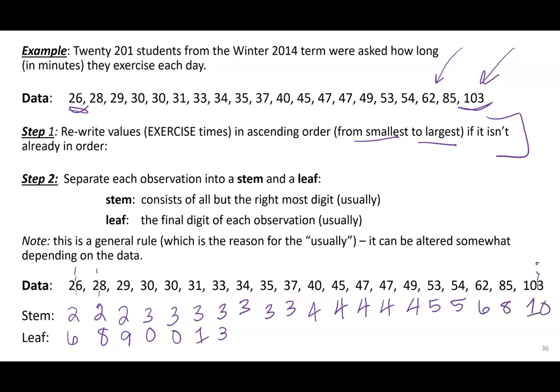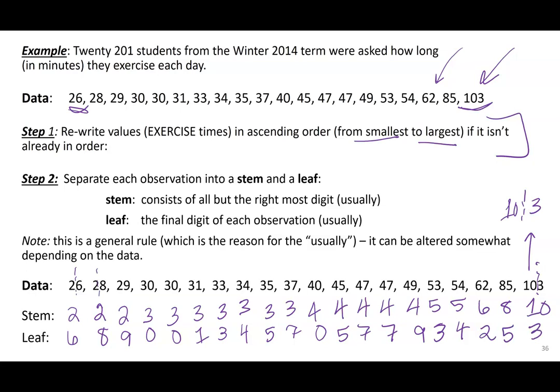This one's the tricky one. 103, you're going to have a stem of 10 and a leaf of 3. So 34, 5, 7, 0. Okay, so I have this step down.